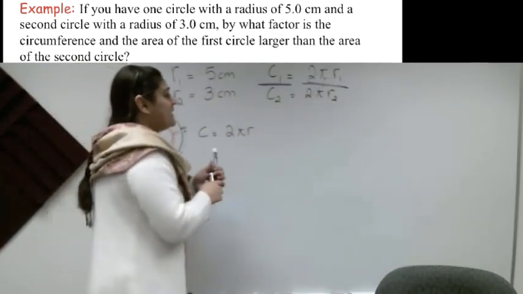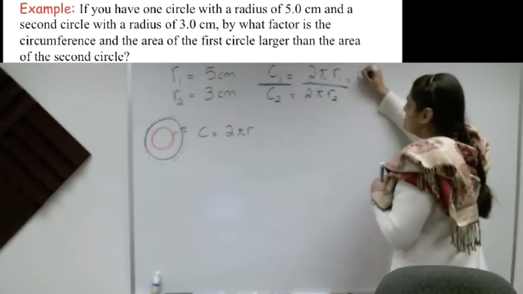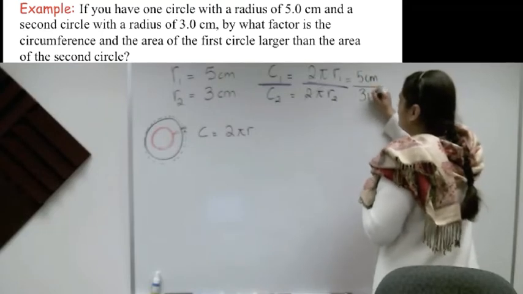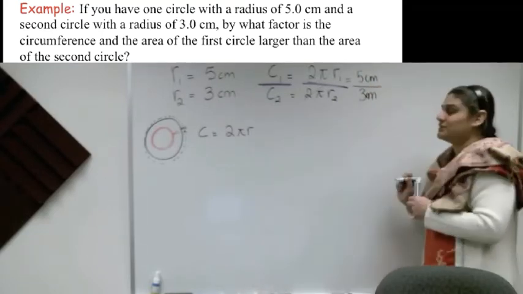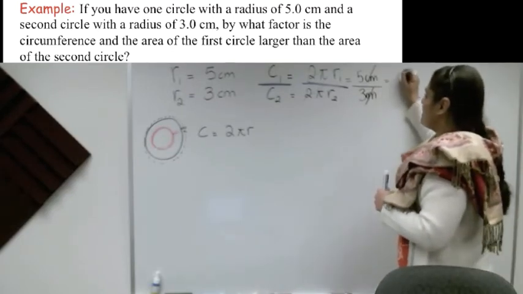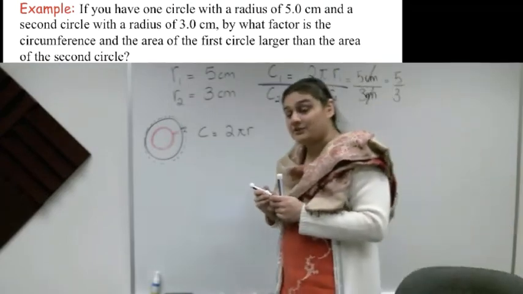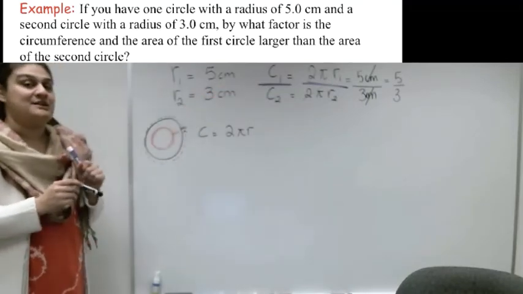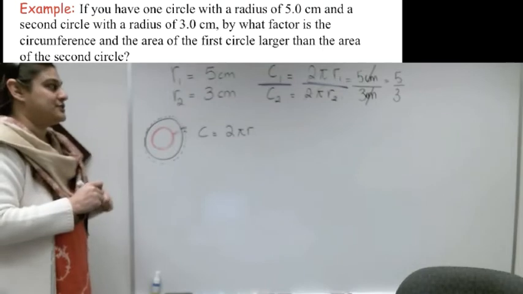That means I can just plug in the values for R1, which is 5 centimeters, and for R2, which is 3 centimeters. Do you see that these cancel out? And my answer comes out to be 5 over 3, which is a factor. And that is now a dimensionless, unitless quantity as we talked about for factors.